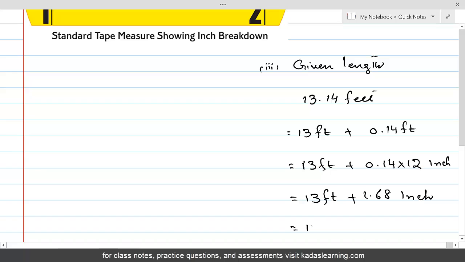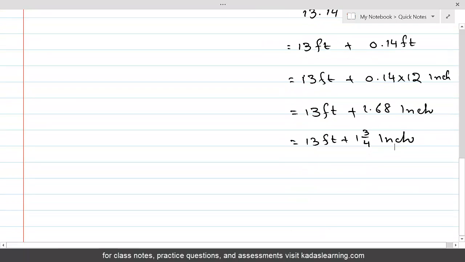So 13 feet plus 1 whole 3 by 4, because 0.68 is closer to 0.75 of an inch. So this can be written as 13 feet and 1 whole 3 by 4 inches.